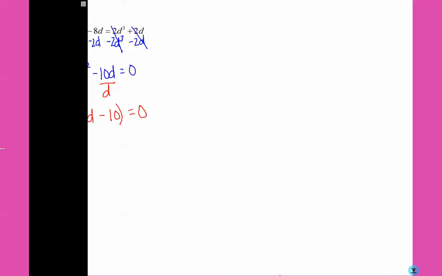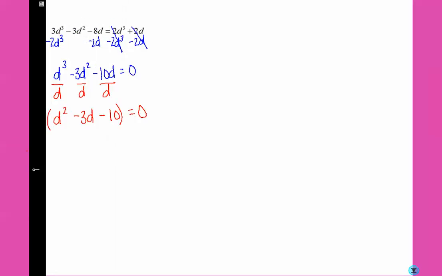Now if you notice, all three terms have a d. So I'm going to factor out d. d times d squared minus 3d minus 10 equals 0. So that I can factor what's inside, I'm going to ignore the GCF that's out front and just focus on what's in the parentheses.